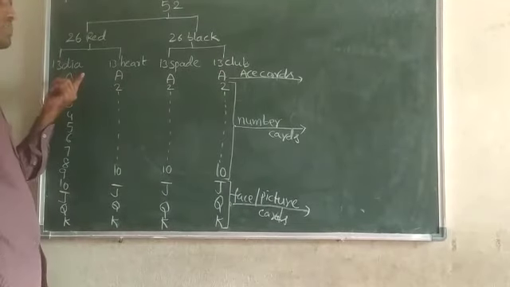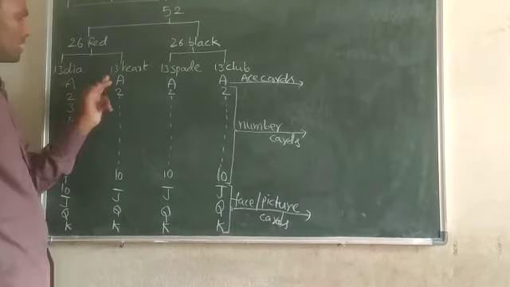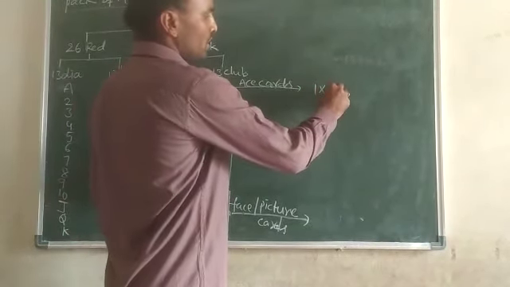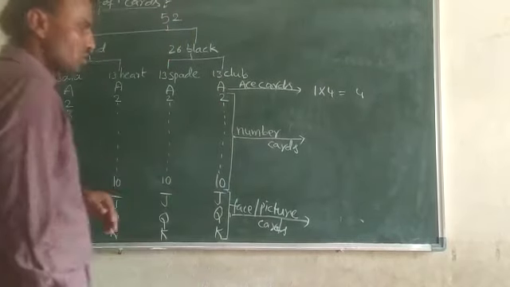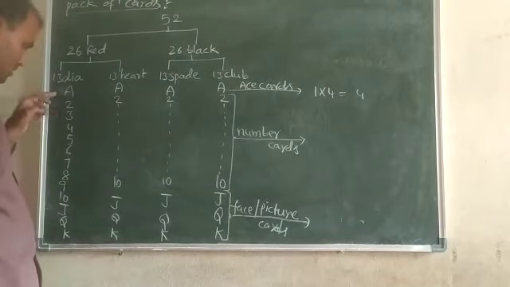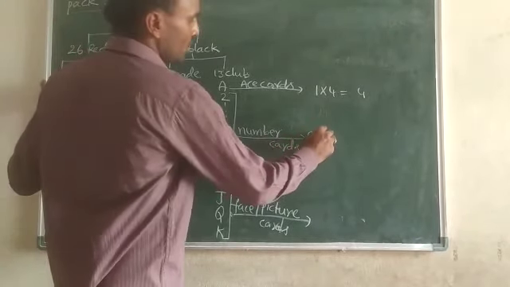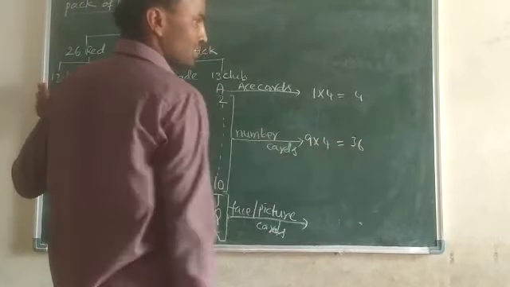How many ace cards do we have? In each set we have 1 ace card. Like that we have 4 sets, total 4 ace cards. Next, number cards: in each set we have 9 number cards, from 2 to 10. Like that we have 4 sets. 9 4s are 36.